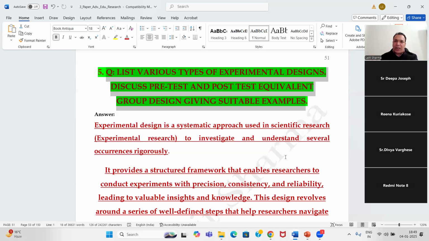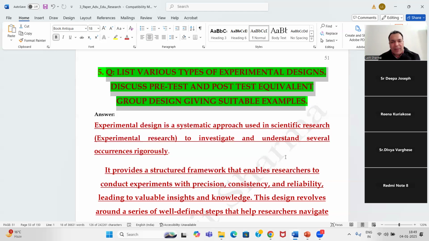When I discussed the historical method, I took the example of the teachings of Jesus. When I discussed cause and effect experimental research, I took the example of too much liquor and its effects on the liver. So with the help of an example, you can learn it.